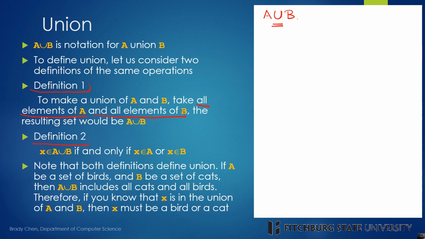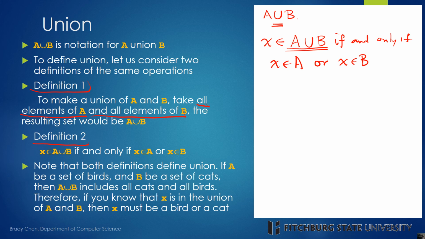Suppose you have an element X. The element X belongs to A union B if and only if X belongs to A or X belongs to B. So that defines the union of A and B.